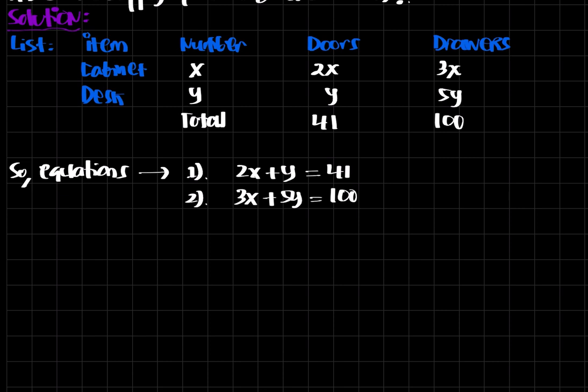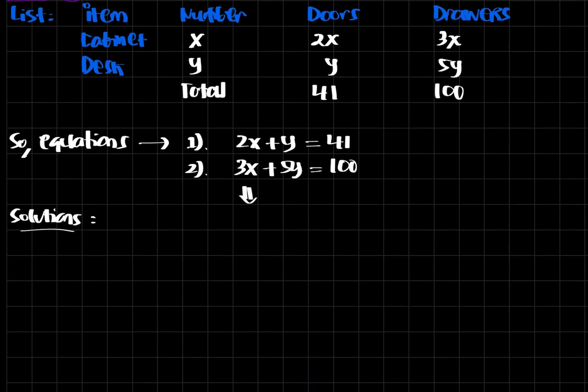Now, if you want to solve this, the solution: 2x plus y equals 41, and then 3x plus 5y equals 100.